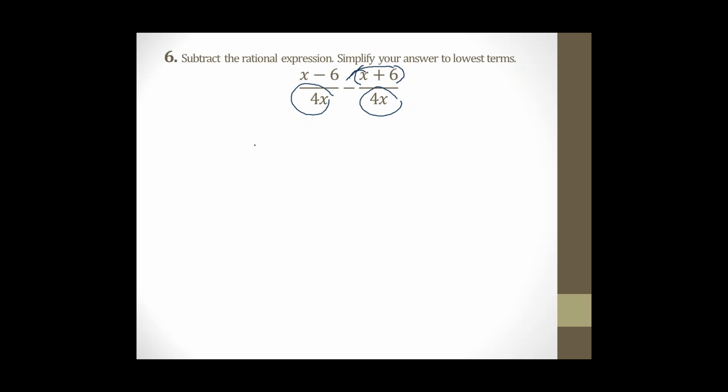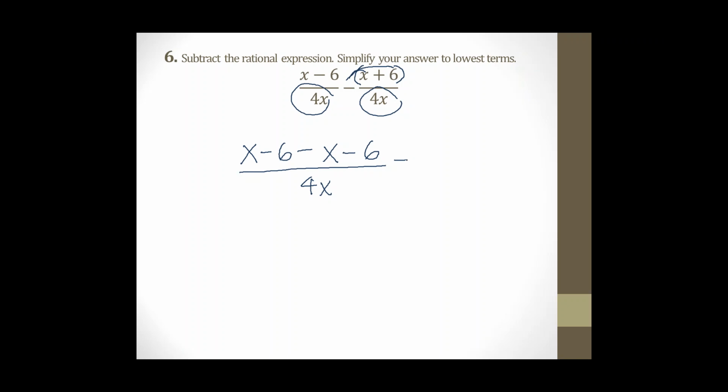So that means when we combine the top, we want to distribute this negative. So I can rewrite the first numerator, and then I'm going to distribute the negative, so that's minus x, and distribute the negative again will be minus 6. And so we have common denominators, so we're just going to keep that denominator all over 4x.